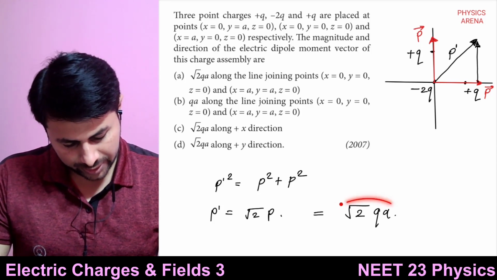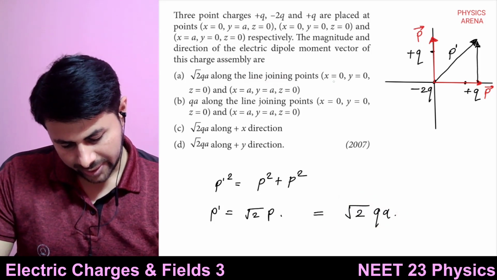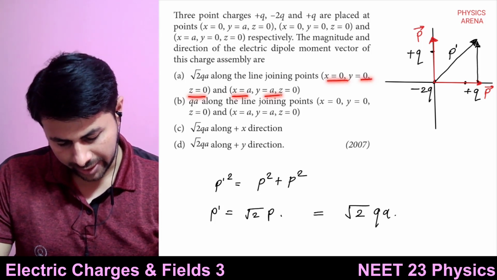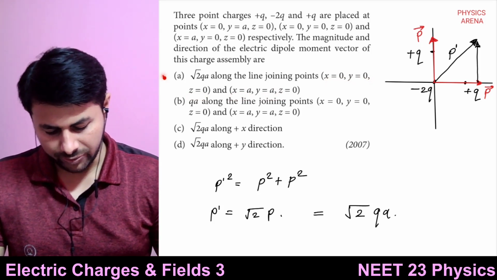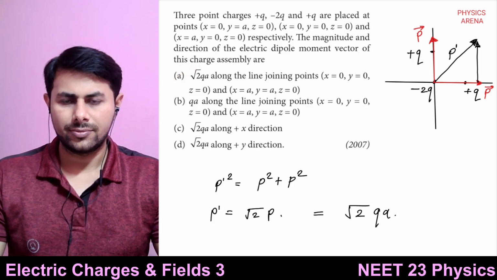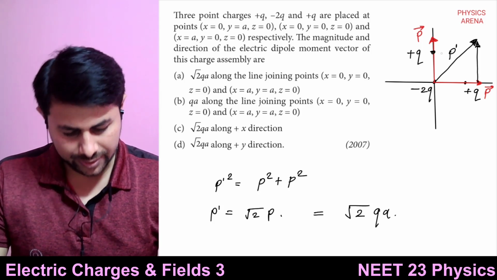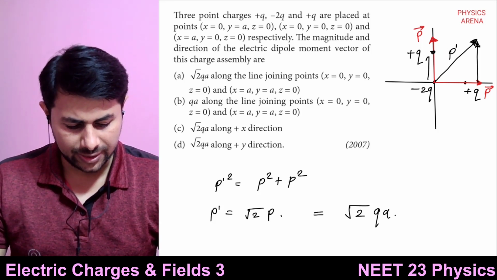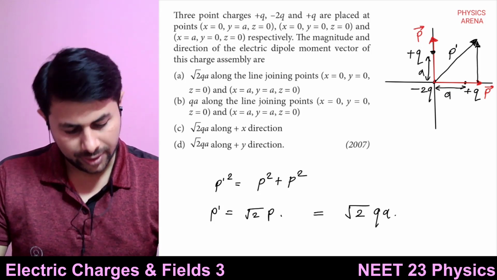All right. So this is the magnitude, and what will be the direction? Let's check. It is directed along x equal to 0, y equal to 0, z equal to 0, and x equal to a, y equal to a, z equal to 0. So actually this one would be the answer. Why? Because this point is at x equal to 0, y equal to a. This much distance is a, and this much distance is also a.